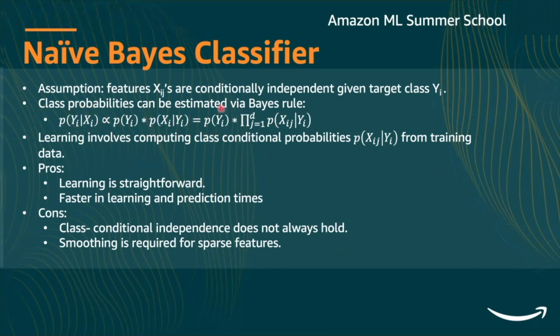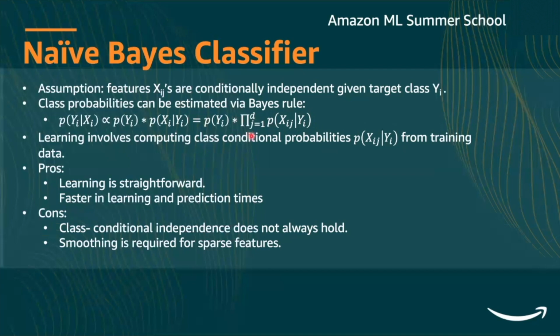P of yi you can compute from the data, and for p of xi given yi, now xi is an apple. An apple consists of, let's say, 3 features, right? As I said, red, round, and the diameter, right? So the Bayes theorem says that the features in xi are independent of each other given yi, and hence you can write it as the product of probabilities, right?